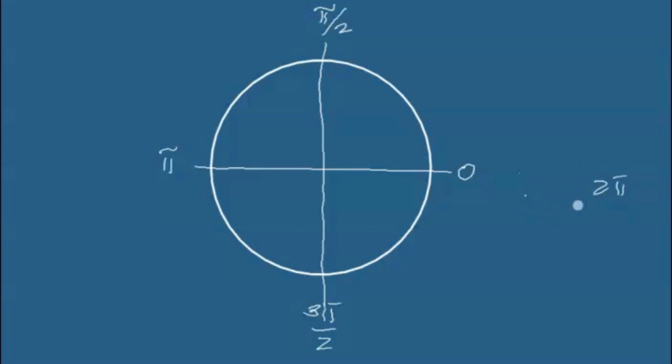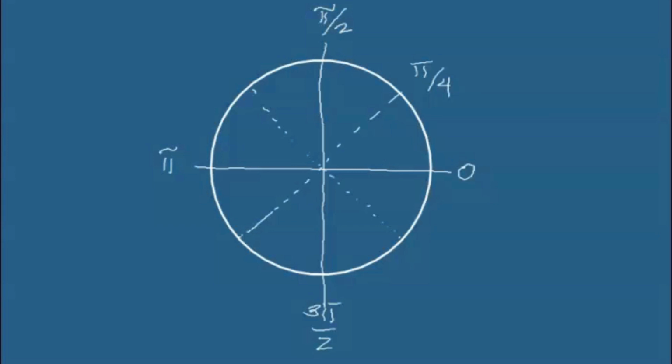After that, we're going to divide the unit circle into 8 parts. Right, so if this is pi over 2, half of that is pi over 4, right?